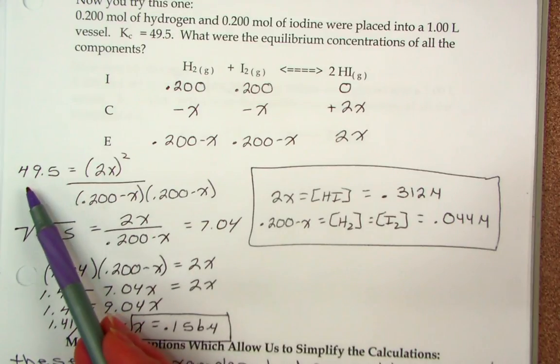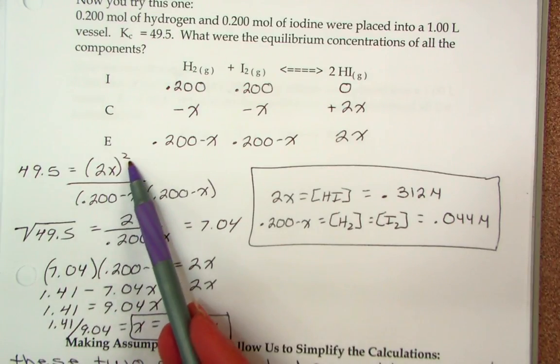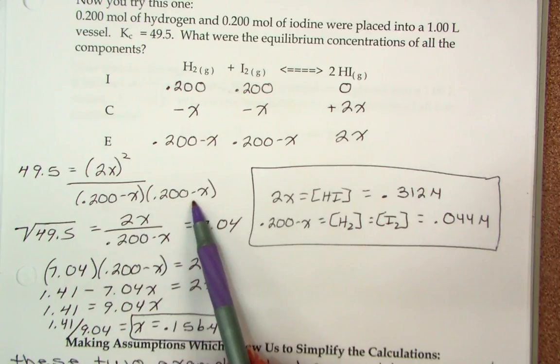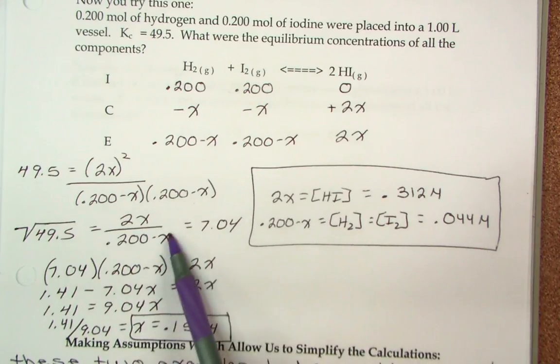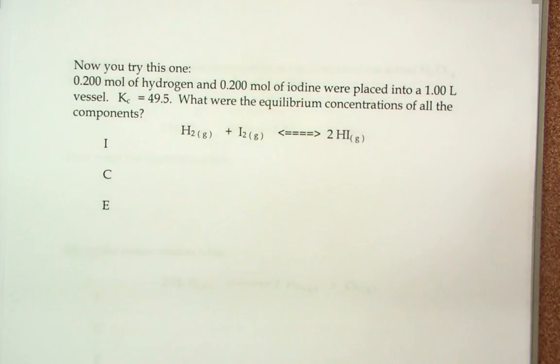We know the K value, so we plug in the hydrogen iodide concentration, square it, divide by the hydrogen times the iodine, and as we follow through the math, taking the square root, x is 0.156, and that leads us to our answers. So it looked like everybody went through this one a lot more easily, which is good to see.